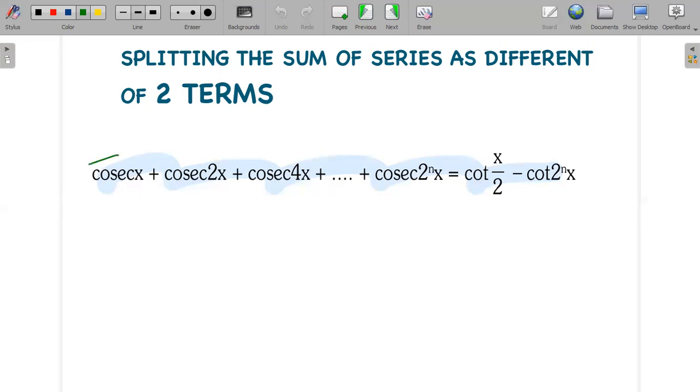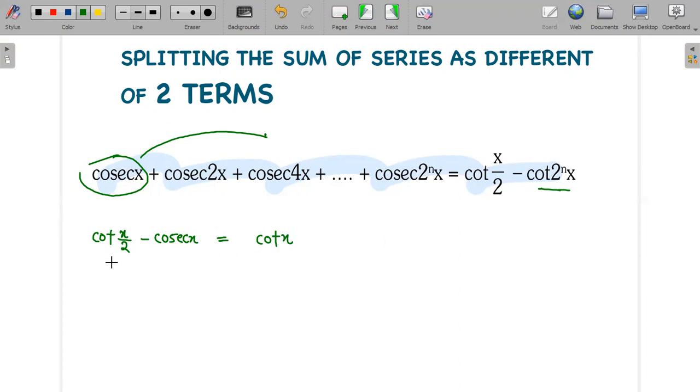You have to think with the kind of term that you have. So if I shift one of the terms, cosecant x, to the right hand side of this expression, then I'll have cotangent x by 2 minus cosec x on the right hand side. Just for a moment, I'm forgetting about this cot 2 to the power n x. If I solve this trigonometric function, I'll end up getting cot x.